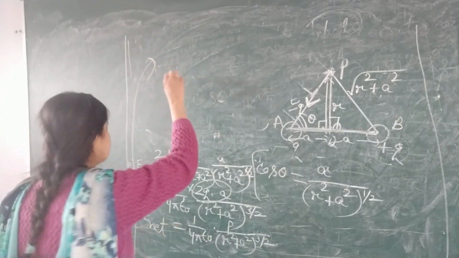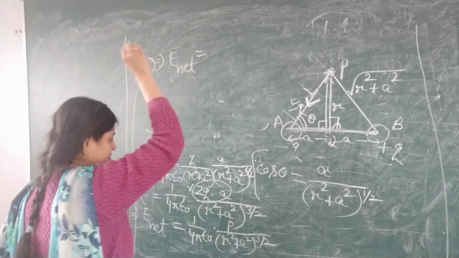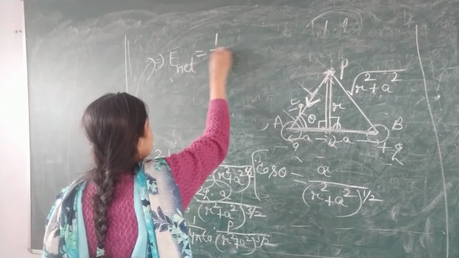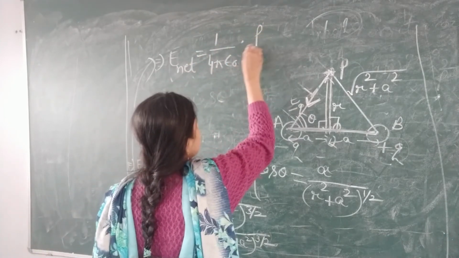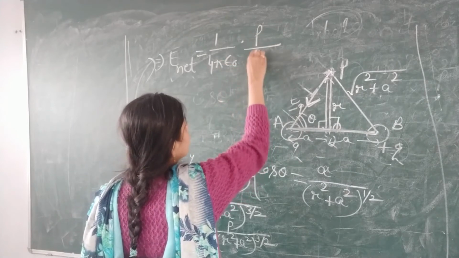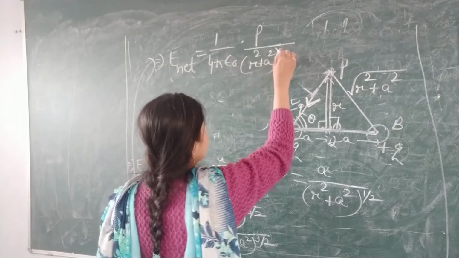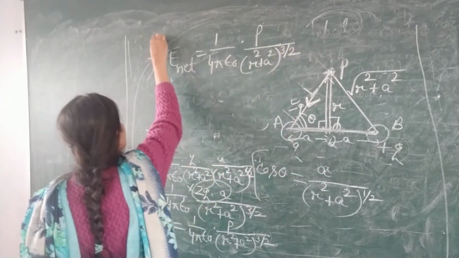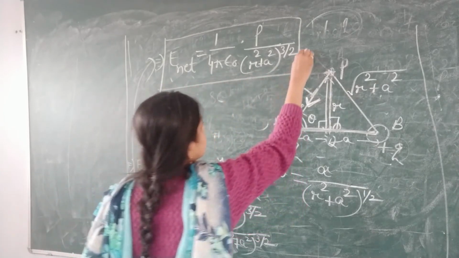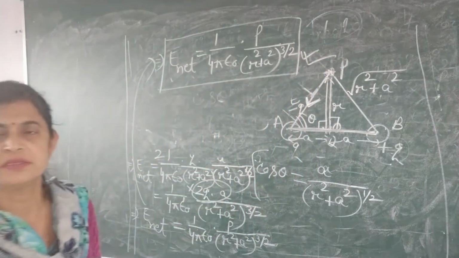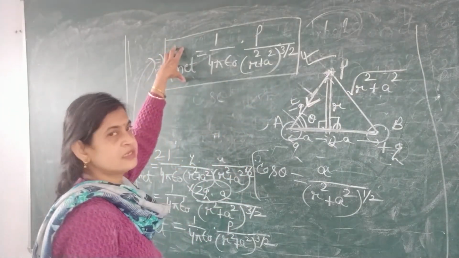So our final result is E net equal to 1 by 4 pi epsilon naught into p divided by r square plus a square power 3/2.